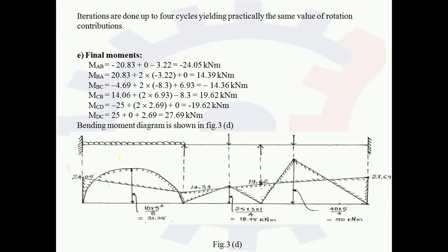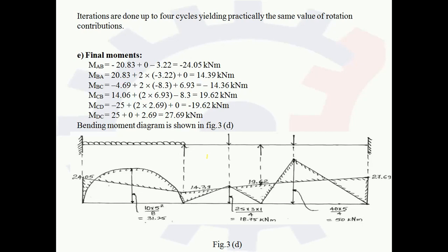So this is 14.39. Now moving towards MCB. If you sum the moments MCB and MCD, this also becomes 0, and this satisfies the equilibrium condition of summation of moment at joint C being 0. So MCB and MCD are 19.62. If you plot that, the line goes upward, as the rotation is clockwise towards MCB and anti-clockwise towards MCD.